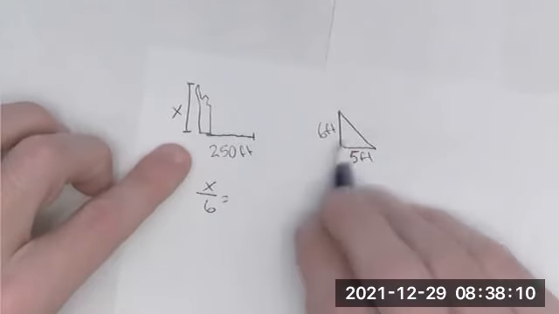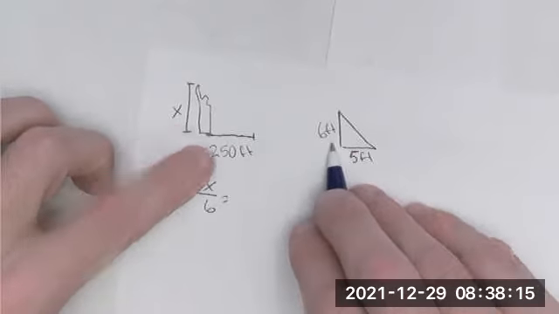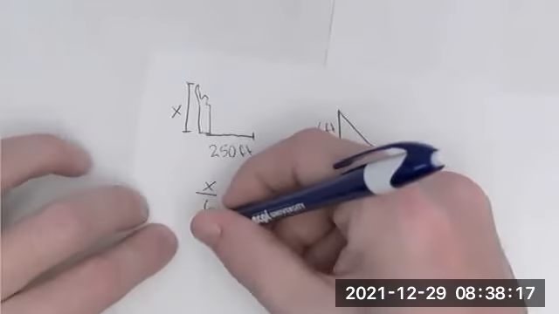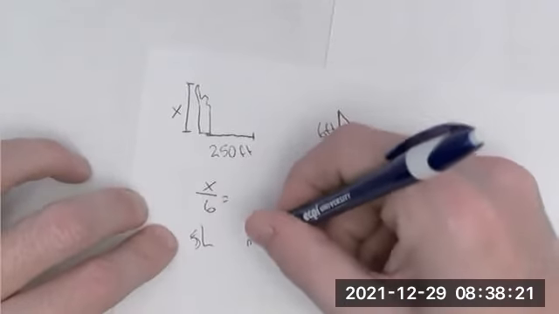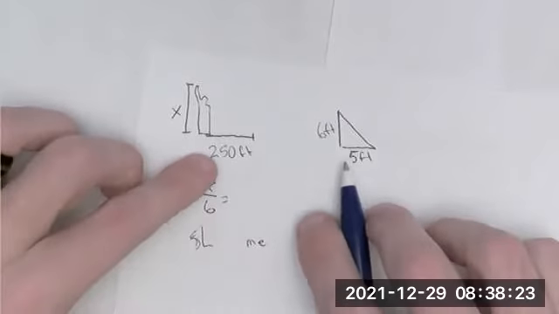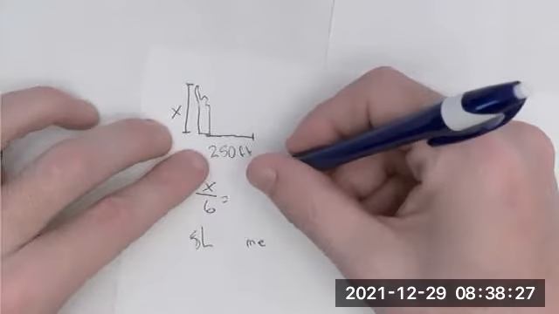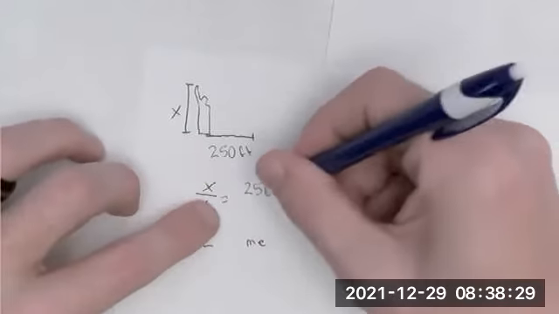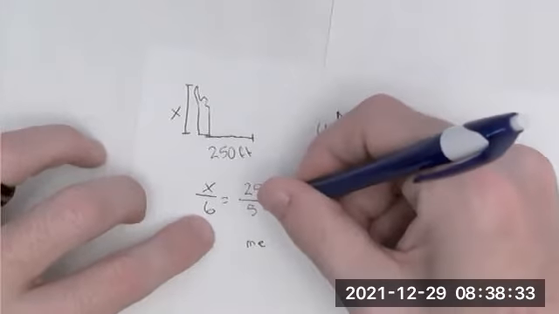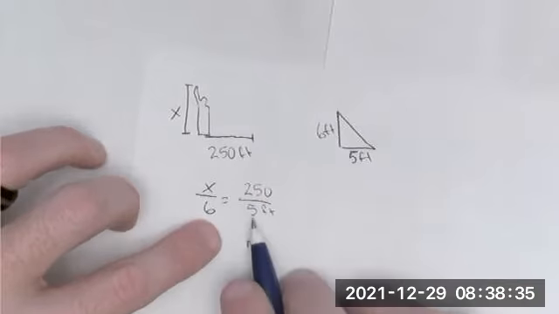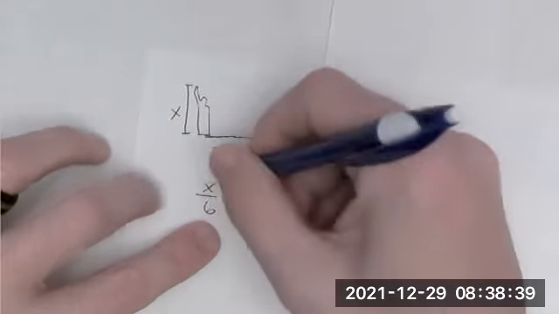But what's important here is if I select x over 6, the height of the Statue of Liberty over the height of me, then I'm going to put the shadow of the Statue of Liberty, 250, over the shadow of me, 5 feet. That's how we have to set this up to make sure we're doing it accurately.